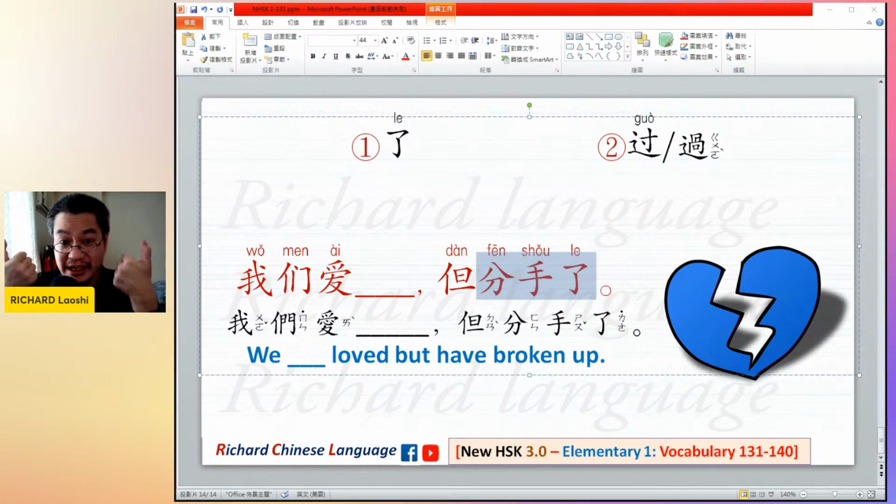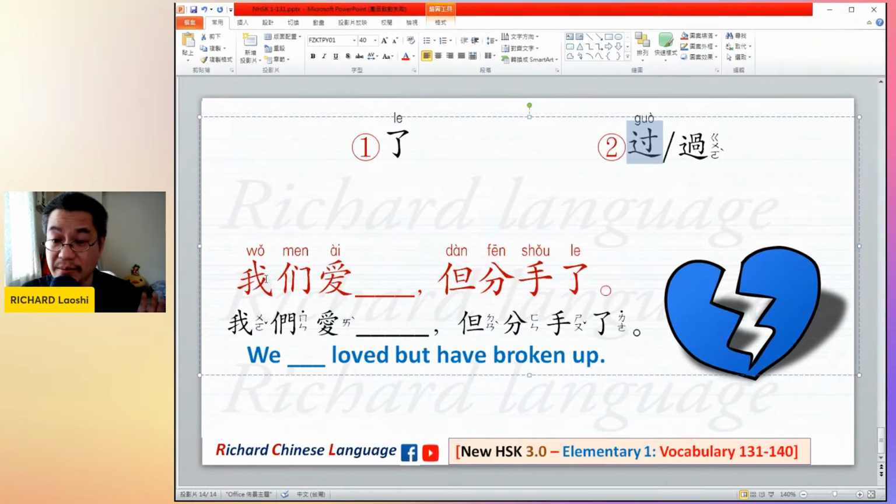So you need to use 过 here. I think that's not difficult for you now. 我们爱过，但分手了。We loved sometime in the past, but not now. The situation does not remain because we broke up.